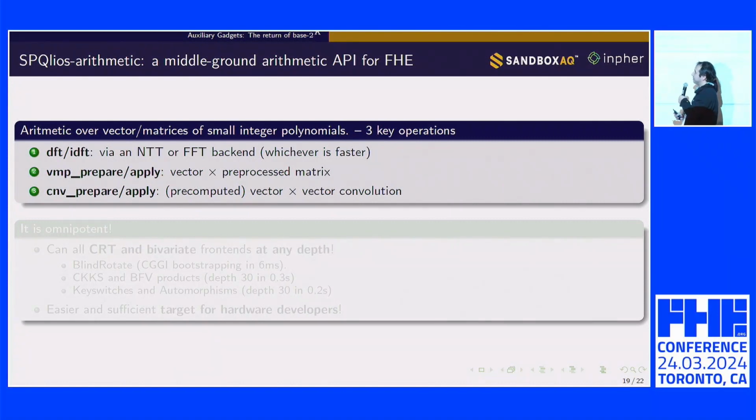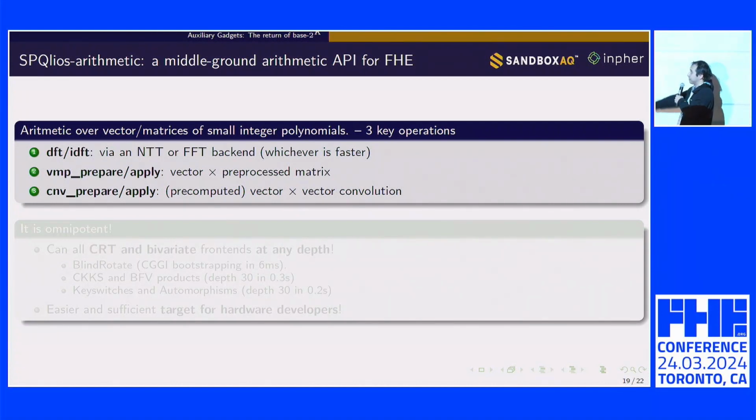But yeah, the main three operations that are important are, first, of course, DFT, IDFT. And about the arithmetic, the library should work over vectors of small integer polynomials. And ideally, we would have convolution of two vectors, so convolution products, or vector-matrix multiplication, where the matrix can be preprocessed. The matrix usually only depends on key material, so it's generated at keygen, and it can be preprocessed to have any form that makes the product efficient during the online phase.